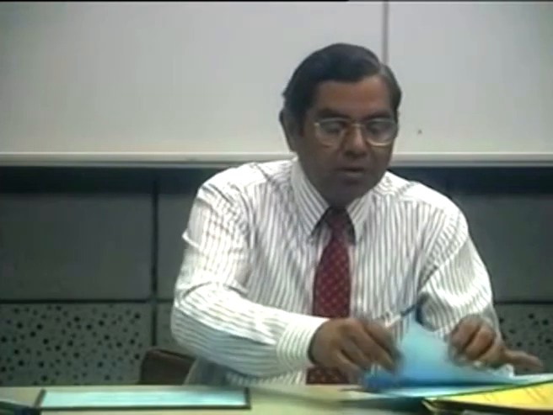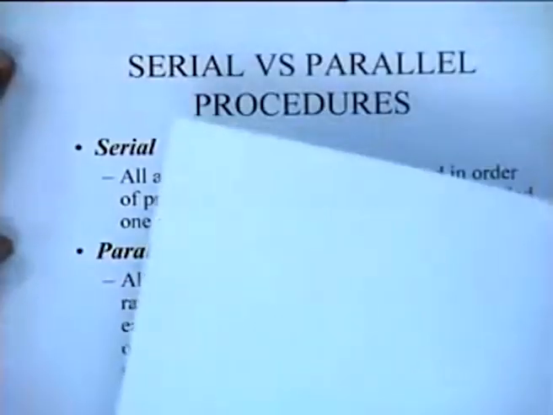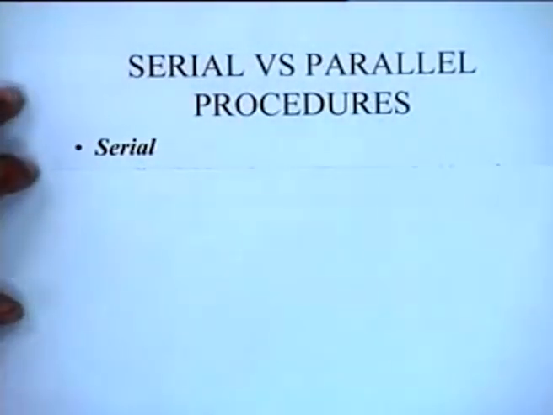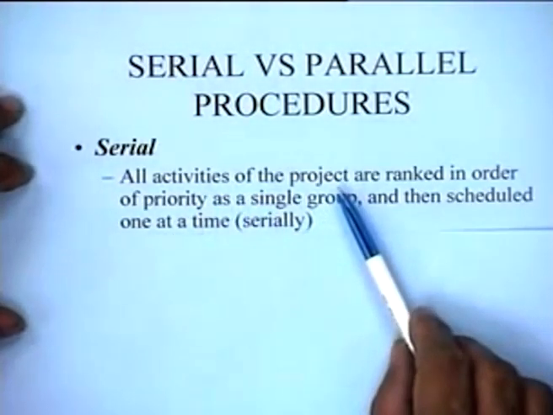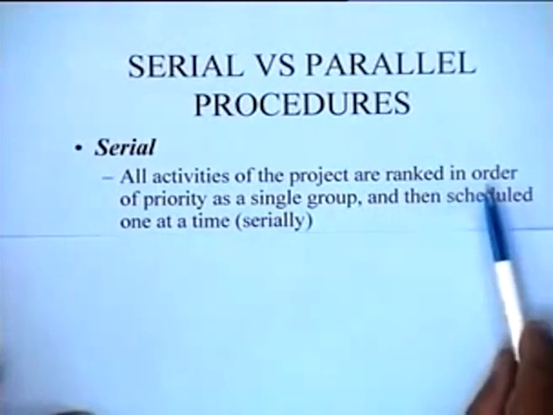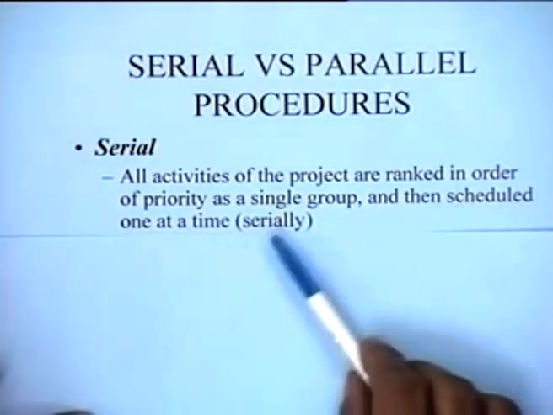Now, talking about the two broad categories of heuristic procedures, namely serial and parallel procedures. Serial procedures are essentially those procedures in which all activities of the project are ranked in order of priority as a single group and then scheduled one at a time, that is serial.